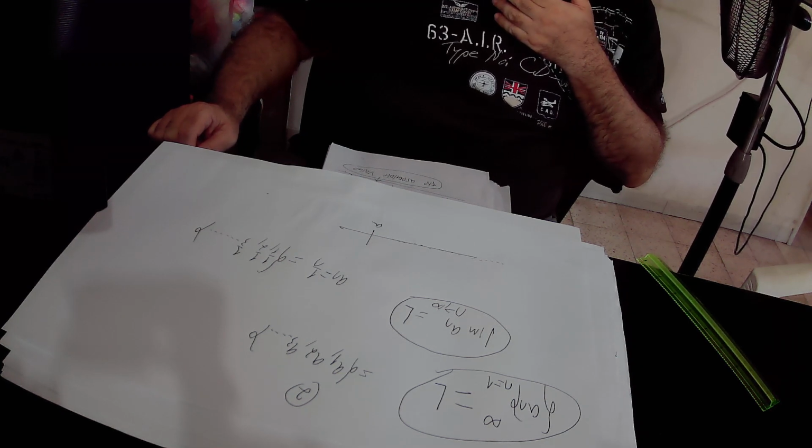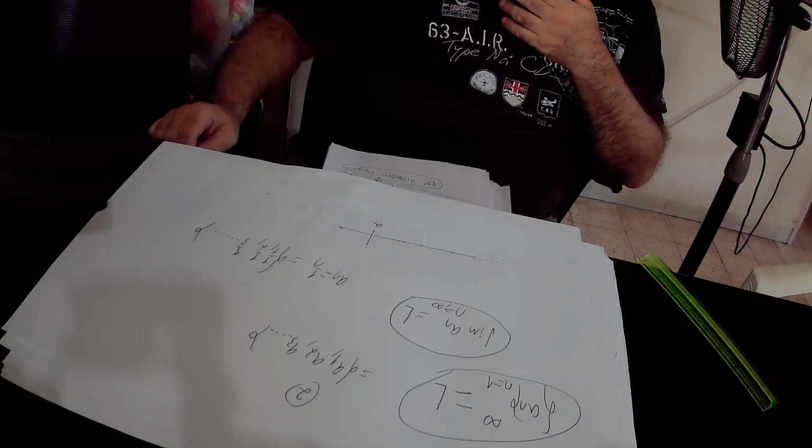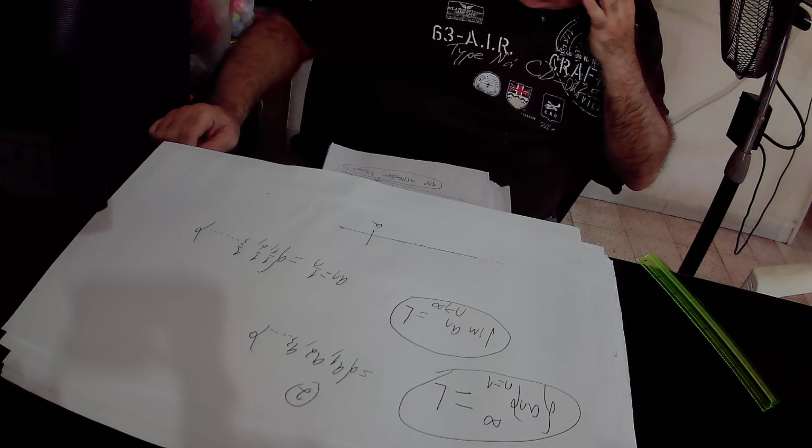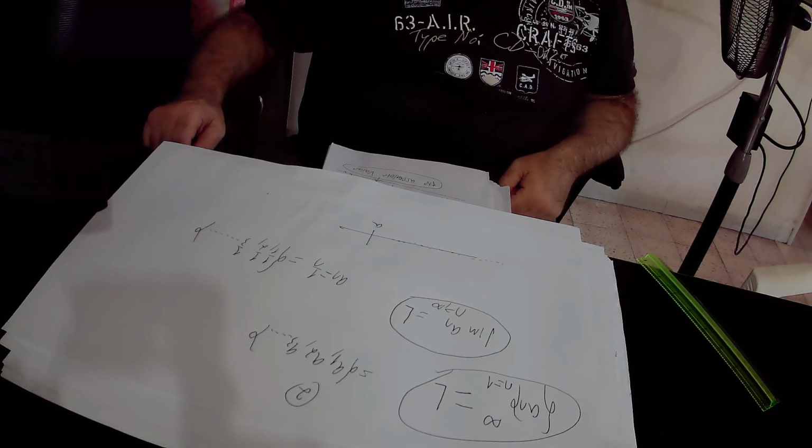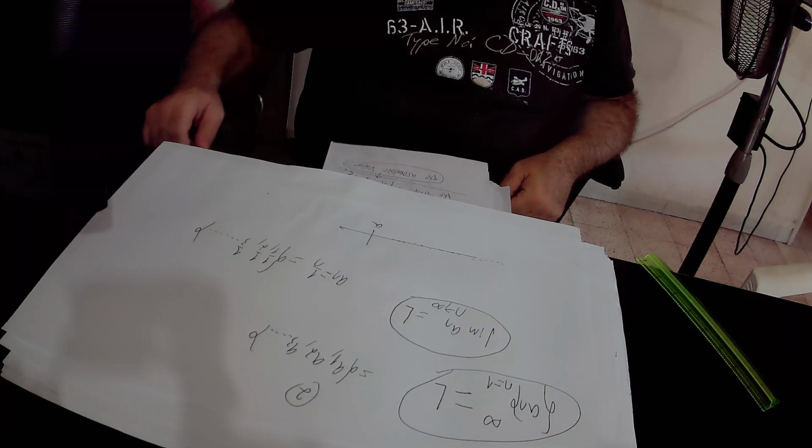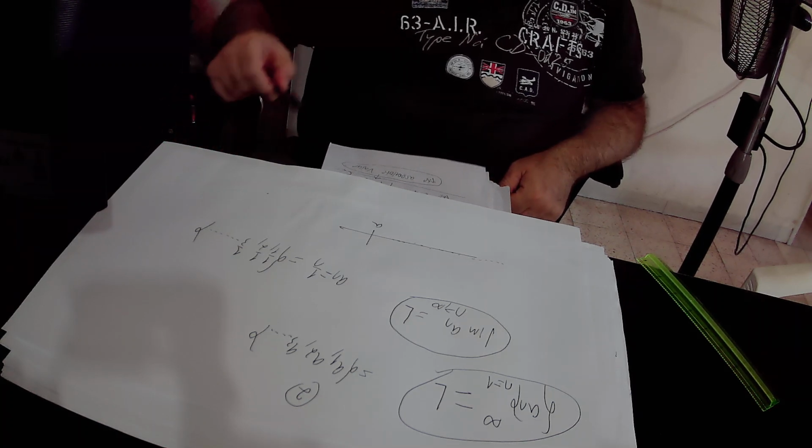So the environment includes all the numbers that satisfy the condition: the absolute value of x minus a is less than epsilon.